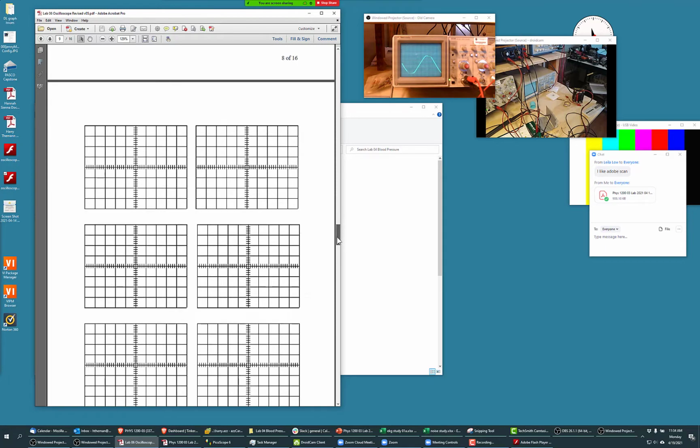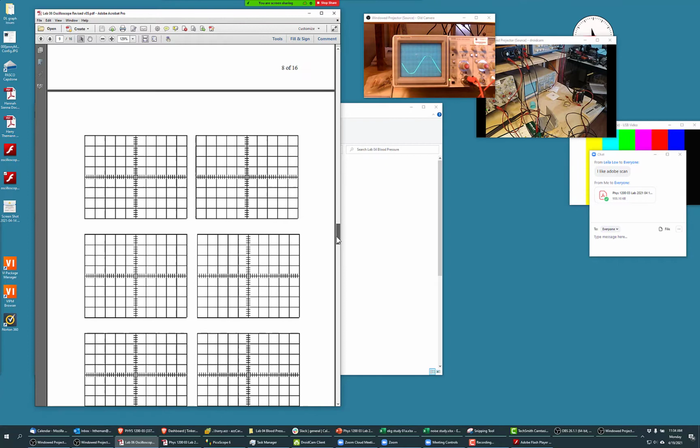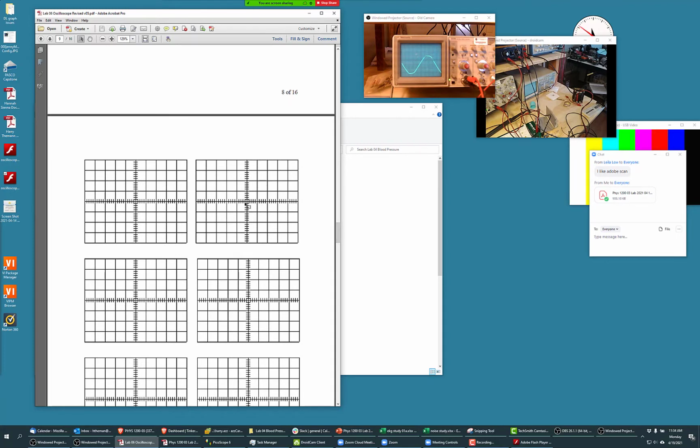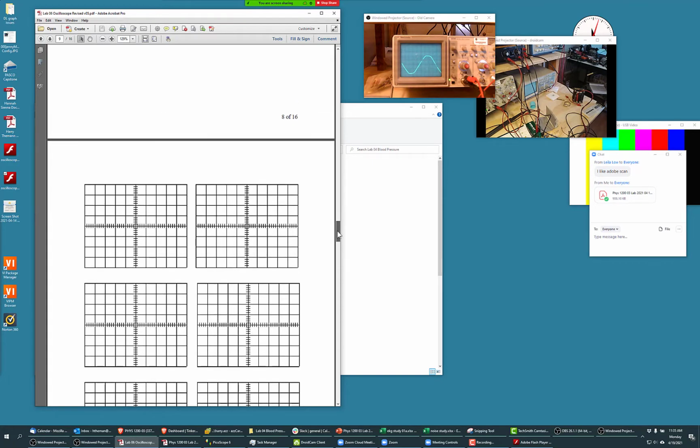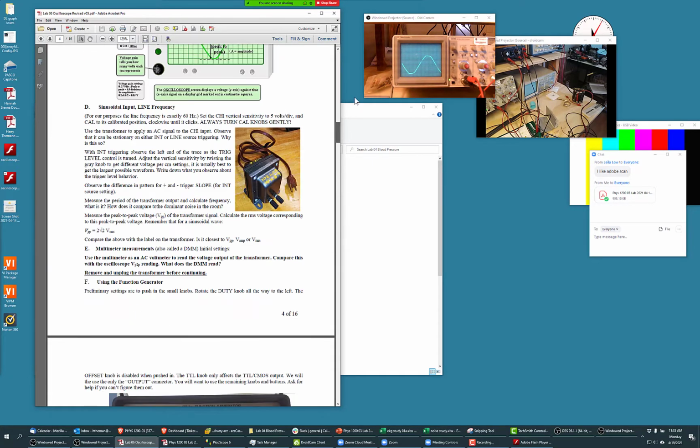But I'd like to see you guys just sketching by hand in your logbooks. This is the kind of thing right here. And notice these two lines that go up and down across the middle and then up and down in the middle. Those are very useful lines that we use all the time.